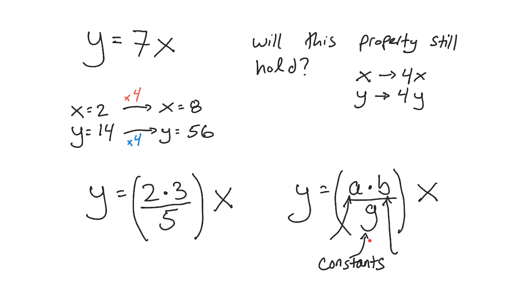We can effectively ignore all of these constants in our analysis, and we'll still know, no matter what these values are, even if they're not specified, if we double x, then y will also double. So I'll write that out again. If we 100x, then y will also change by a factor of 100 as well. And it absolutely does not matter what these constants are here.